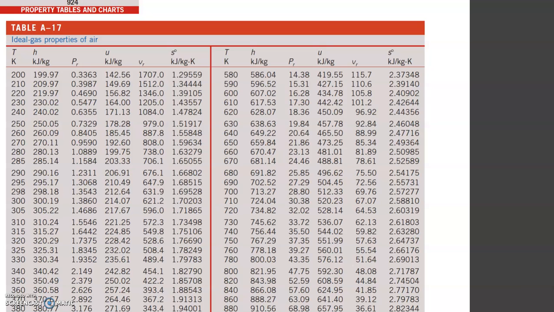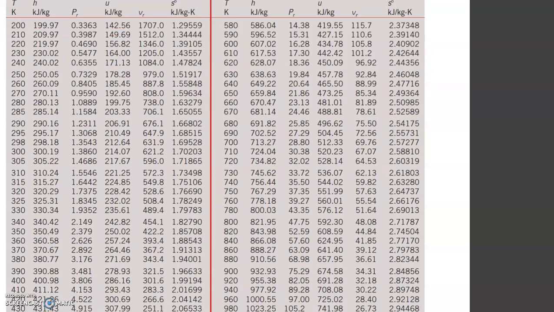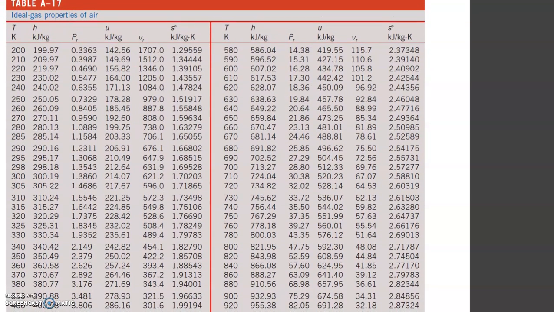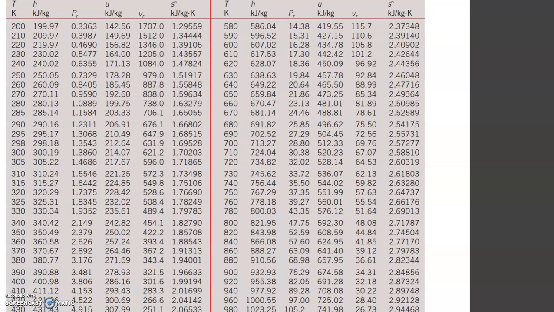So if you know the temperature of your system, then you can easily find the enthalpy and the internal energies of air, okay? So for example, in this case, we are at 400 Kelvin and we want to find the enthalpy. So the enthalpy at 400 Kelvin is, here we look at the enthalpy, which is the second number, right?